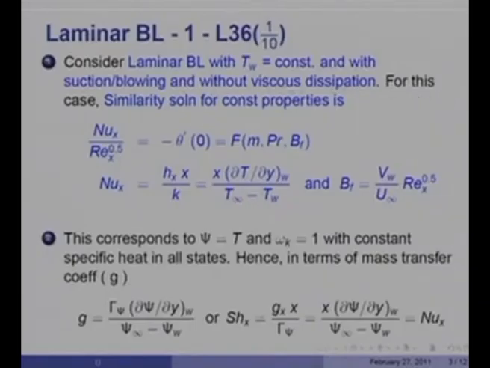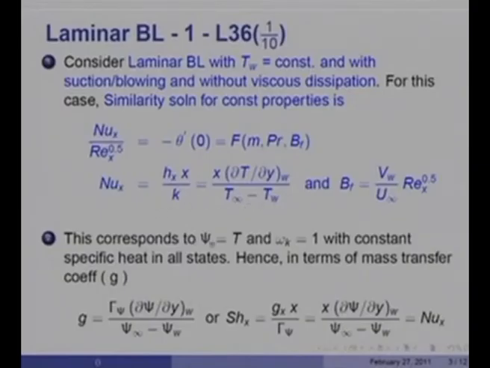For this case, you will recall from our lectures on laminar boundary layers that the similarity solution for constant properties is Nu_x divided by Re_x to the half equal to minus theta prime 0, as a function of m, the pressure gradient parameter, Prandtl number, and the suction and blowing parameter B_f. And B_f, as you will recall, is nothing but V_w by u_infinity Re_x to the half, and the Nusselt number is given as h_x x by k, x dT/dy at the wall divided by T_infinity minus T_w.